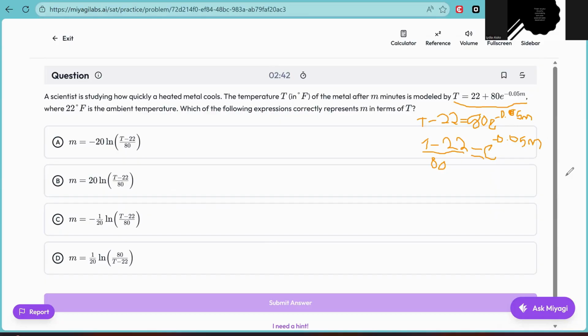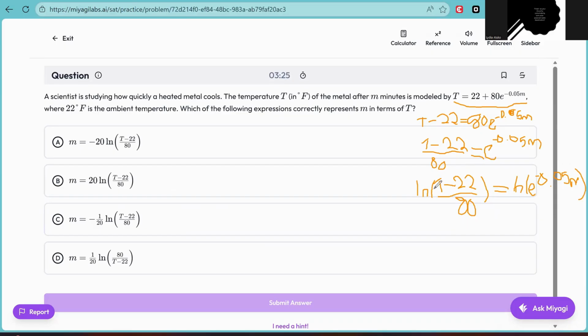Okay, so now we're going to use a natural logarithm. I hope you guys know which one that is, which is ln. Literally just ln. ln of (T minus 22 over 80) equals ln of e to the negative 0.05M.